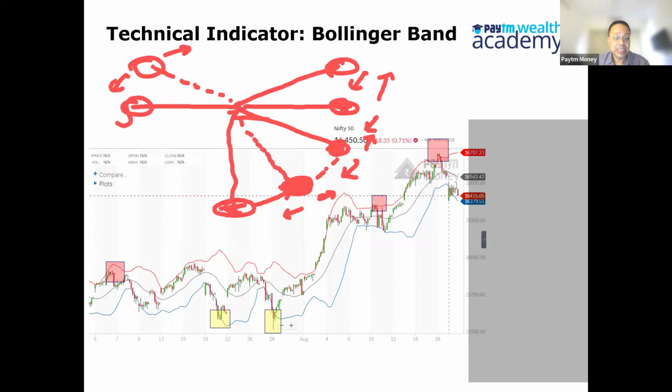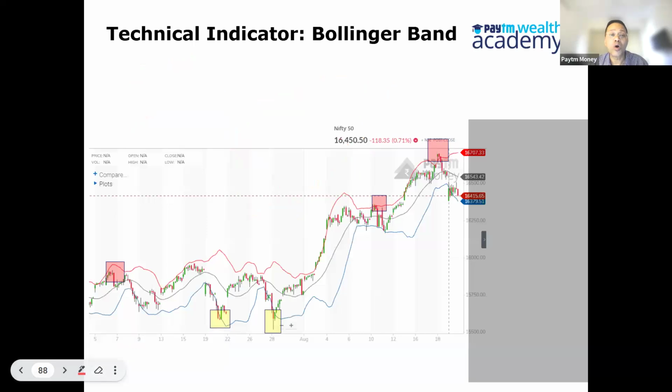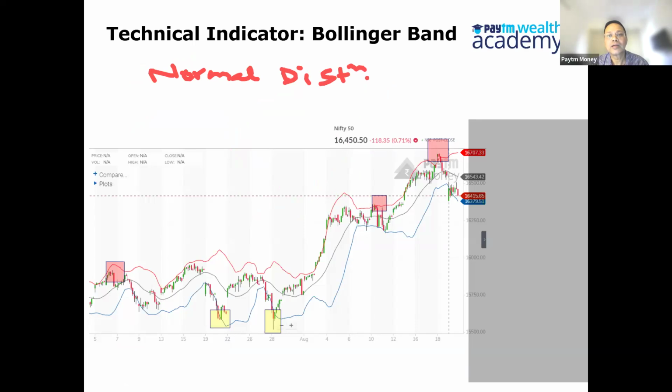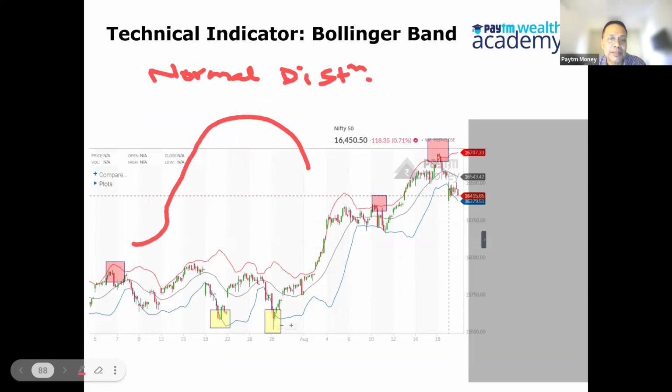Okay. Now, for that, we are going to use something called normal distribution. Normal distribution curve. What we call bell curve. So, what a bell curve says is that... Okay.